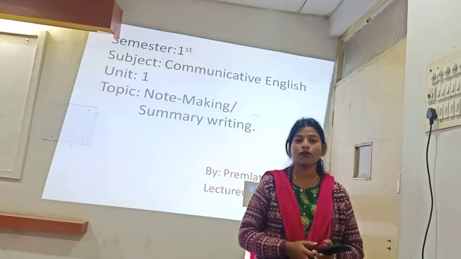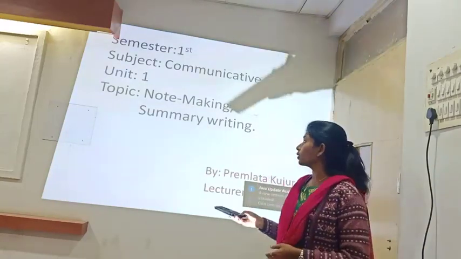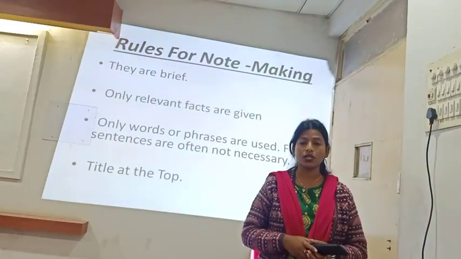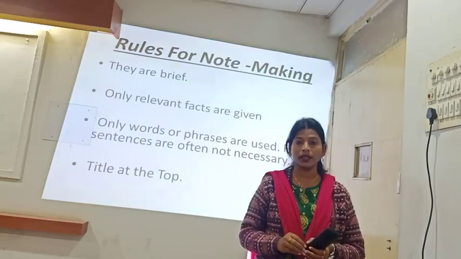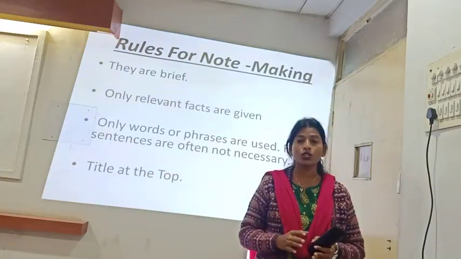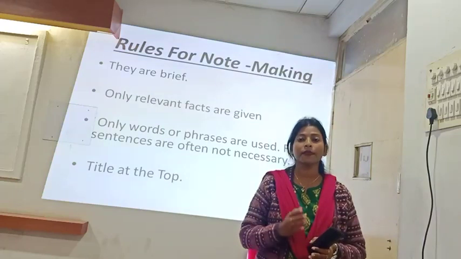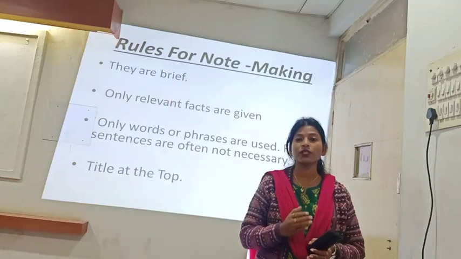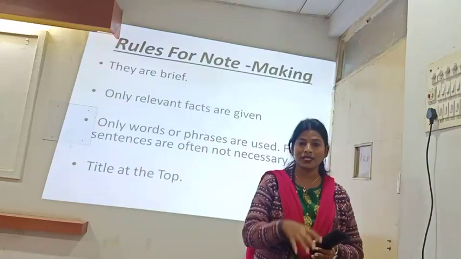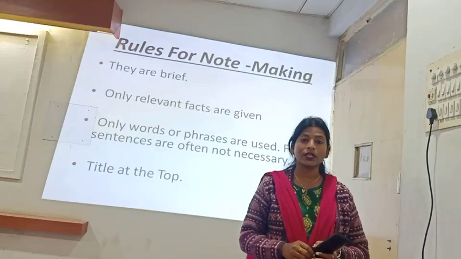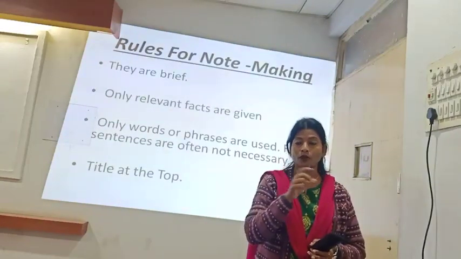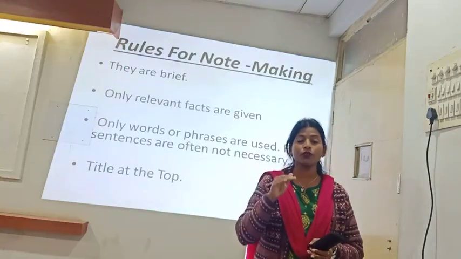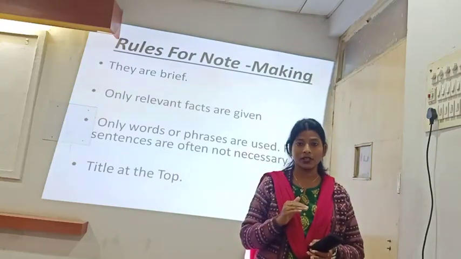Now let us see what are the rules that are needed while you are drafting a note. The first and foremost thing while you are writing a note: first pick a title. You have to suggest a suitable title for that unseen passage, and at the top, when you start writing the note, you will write the title, right?